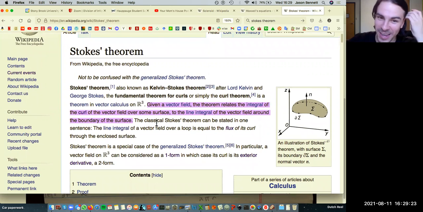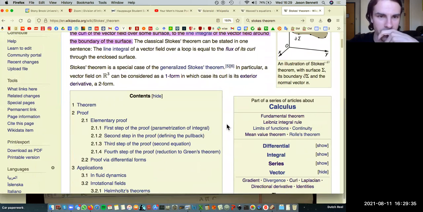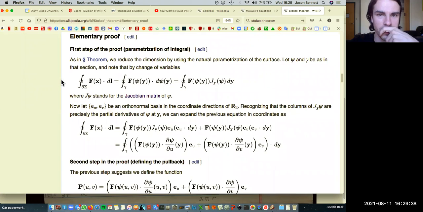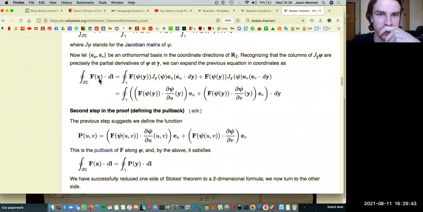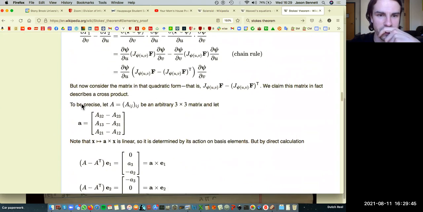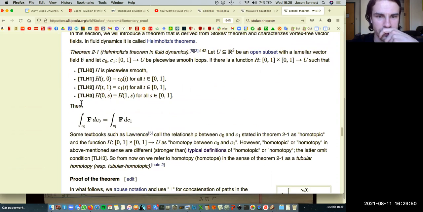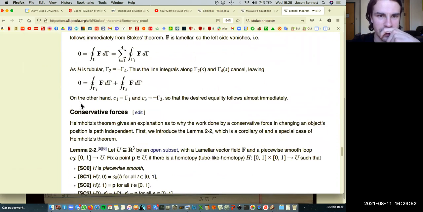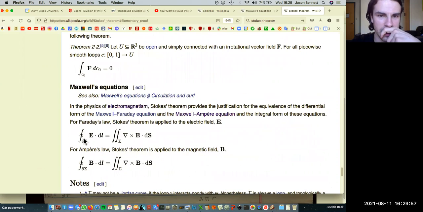It's just a theorem in math that we use, that the integral of the curl over a surface is the same thing as integrating the vector field over a line integral. Is there something quick? No, that's way too advanced. I don't know how to do that. Anyway, it's something in math that we use a lot.